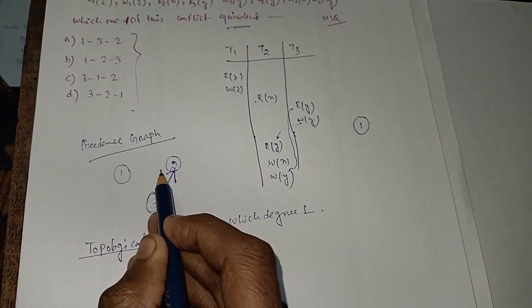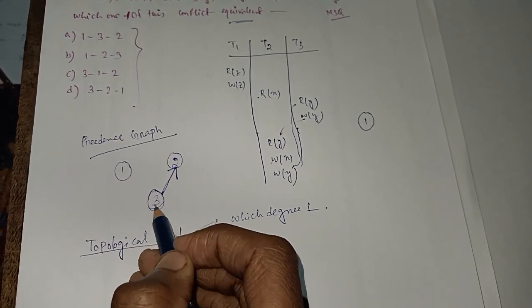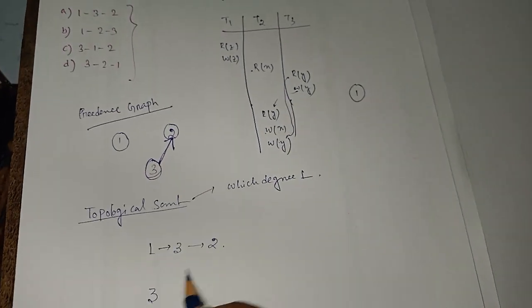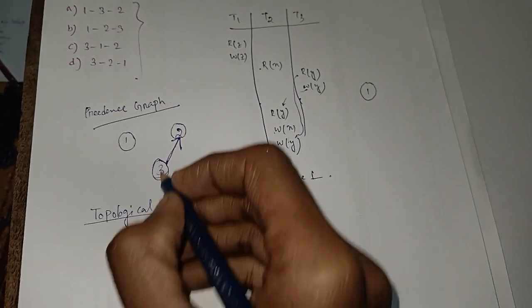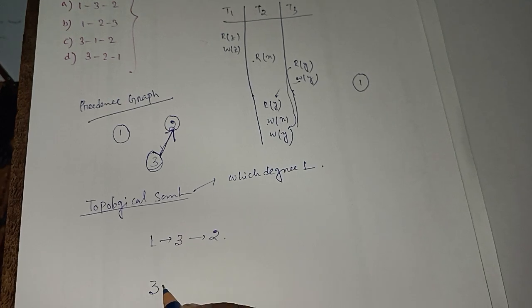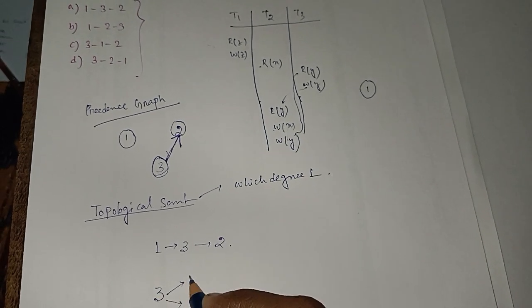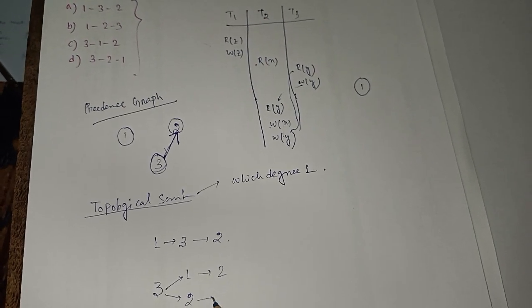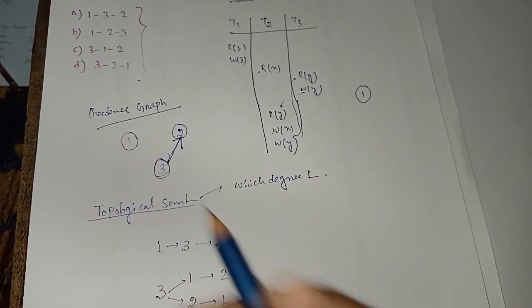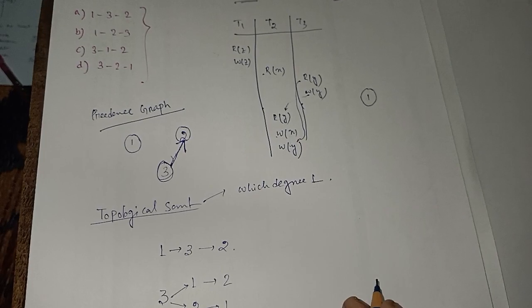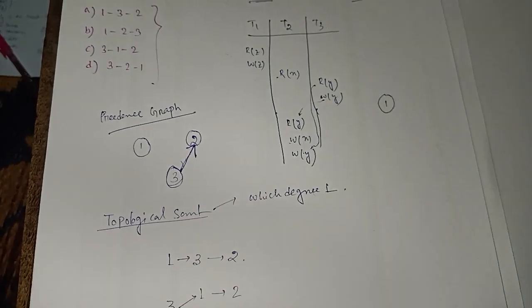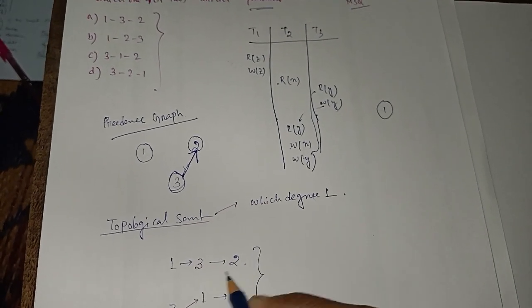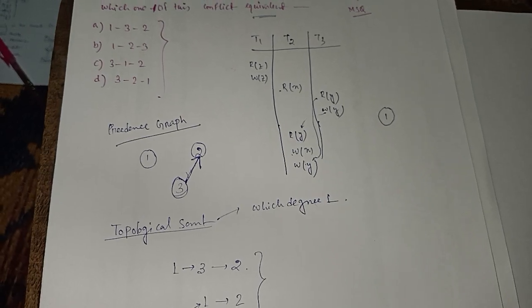We are not taking 2 first, because when 3 is completed we have to go to 2. If we take 3, then we remove this edge. Then we can take 1 then 2, or 2 then 1, because the in-degree is then 0. So the possible outcomes are 1, 3, 2; 3, 1, 2; and 3, 2, 1.